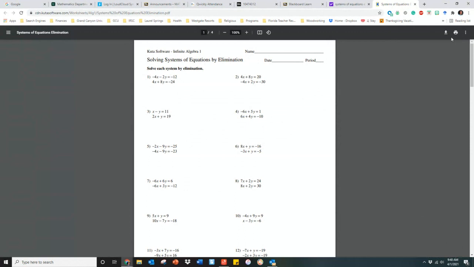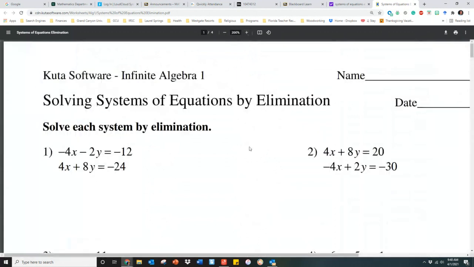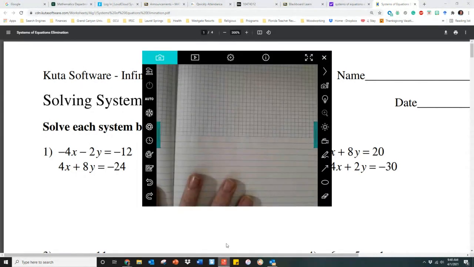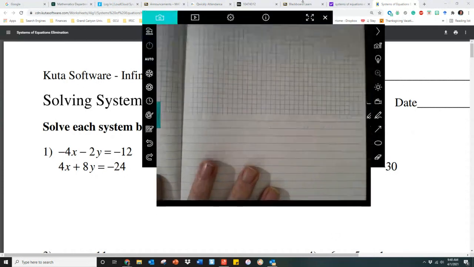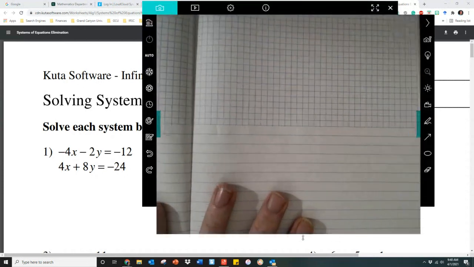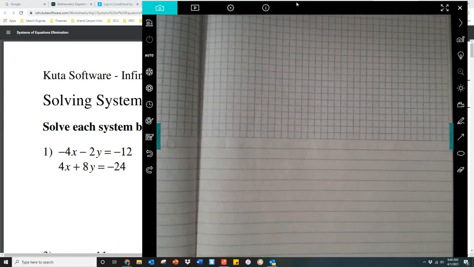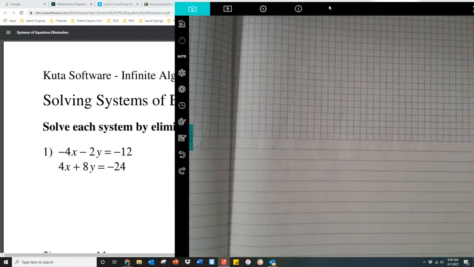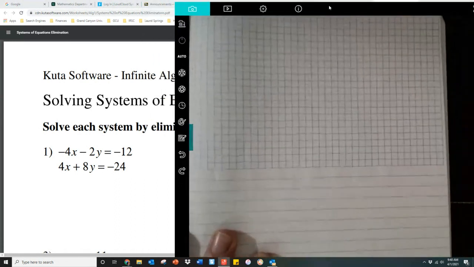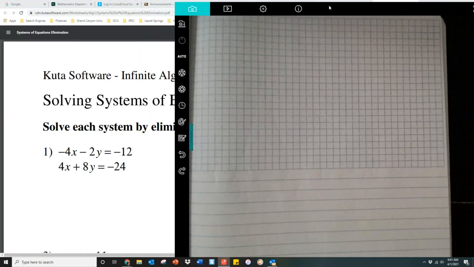Now, this right here is a good thing to use to get ready or to understand how to do elimination. So I'm going to go ahead and use this, and along with that, I'm also going to use my other tool here.